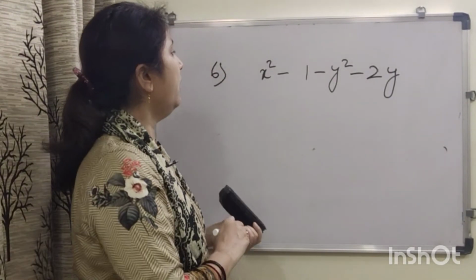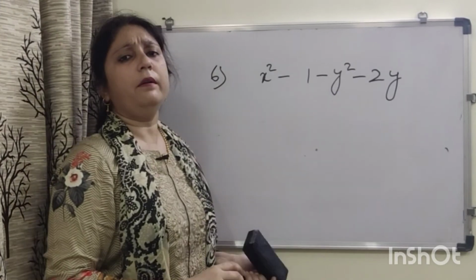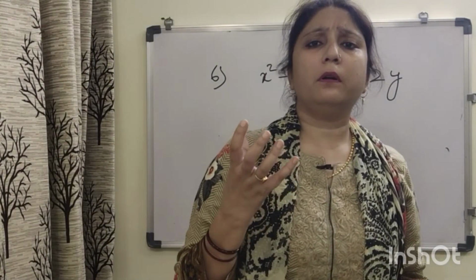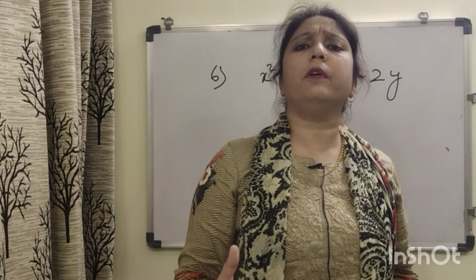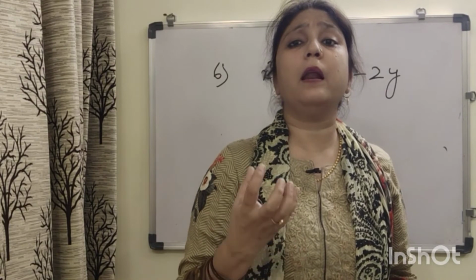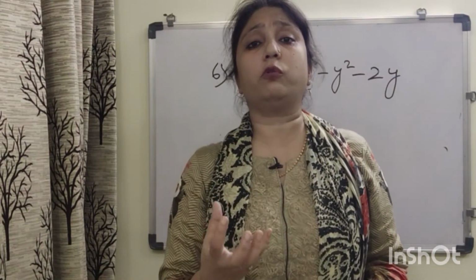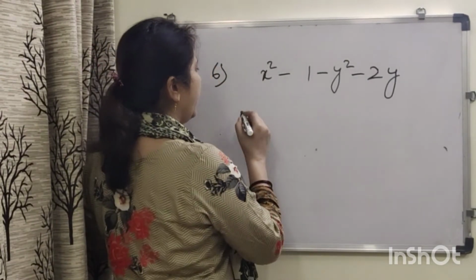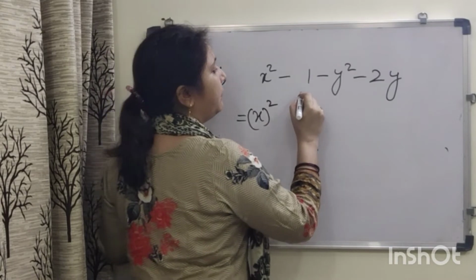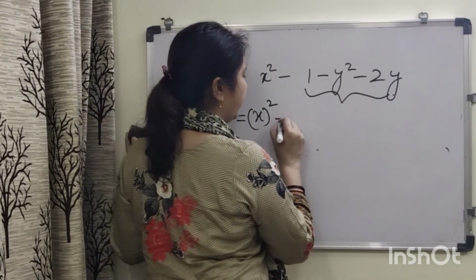Another question, again a quadrinomial I have written. You have to group 3 terms in such a way that you can obtain an identity in the form of a whole square. So it is x square separated, because we can see an identity with these 3 terms. Let's take minus common.